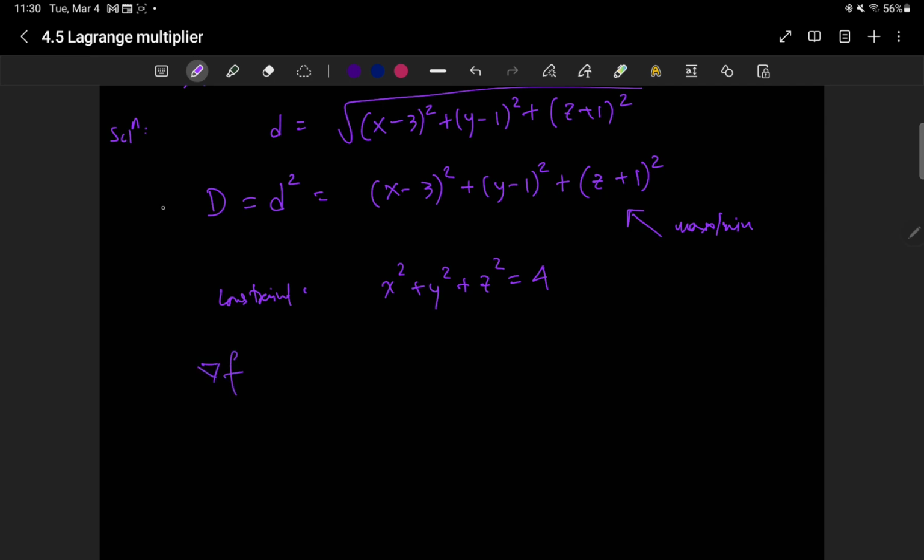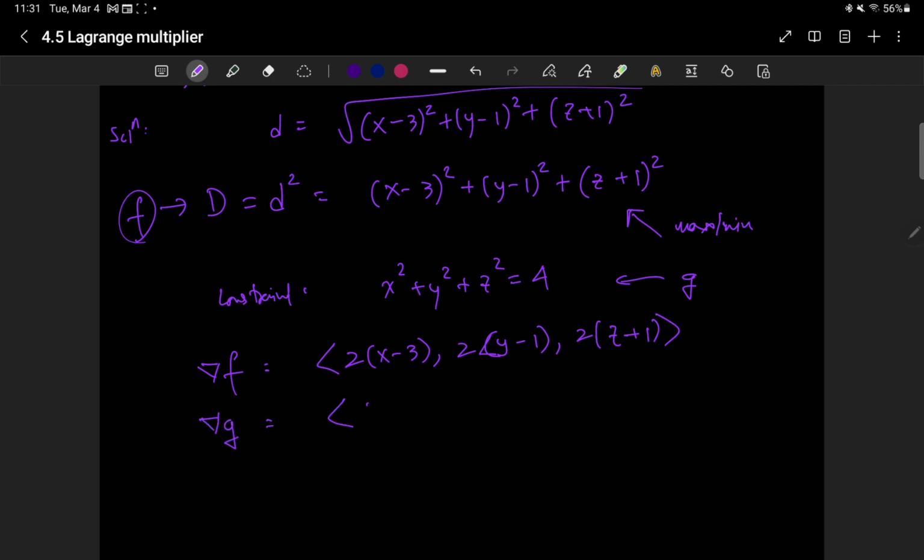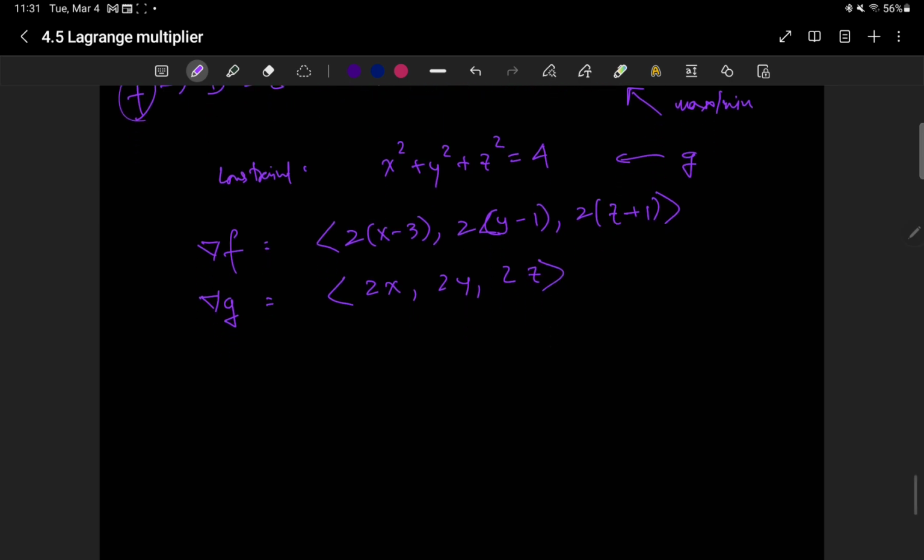I'll call this f and this g. The gradient of f is going to be (2x minus 6, 2y minus 2, 2z plus 2), and the gradient of g is going to be (2x, 2y, 2z). So what are the equations that need to be satisfied?